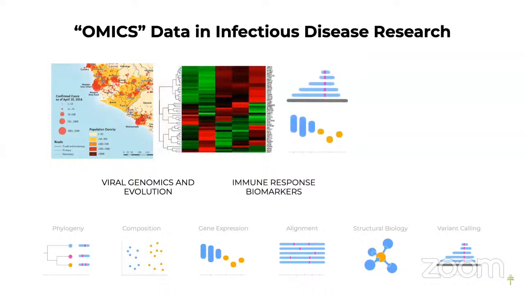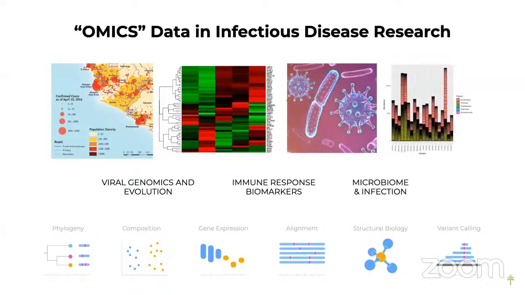We can look at immune responses, where we characterize gene expression and study biomarkers or genes that are associated with a particular response. And sometimes we can look at the microbiome and see how the microbiome plays a role in disease progression, drug metabolism, and also predisposes certain people to different clinical risks.